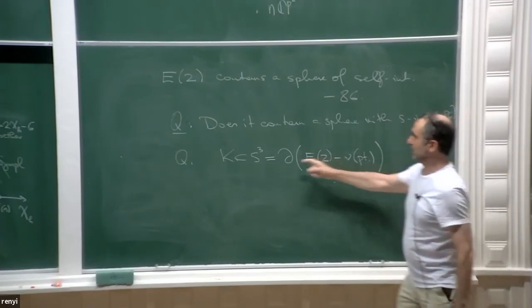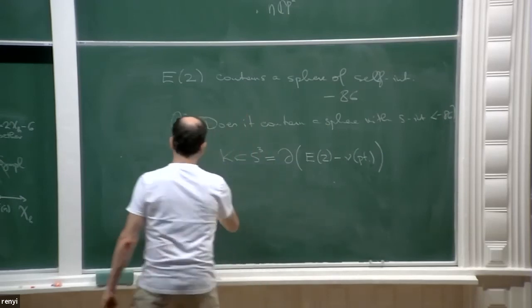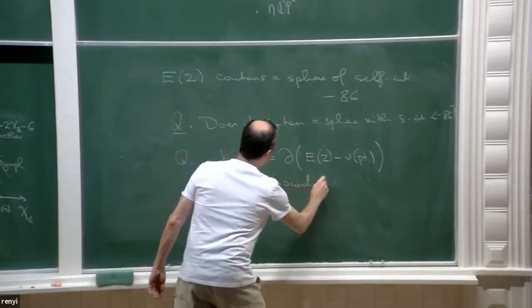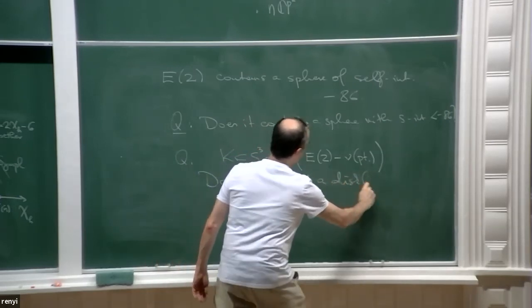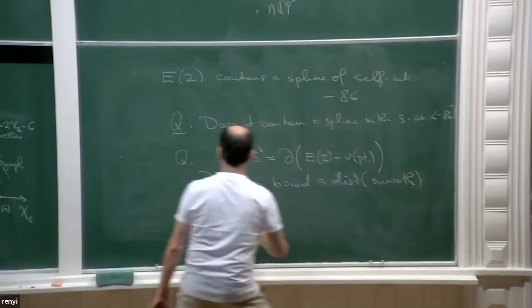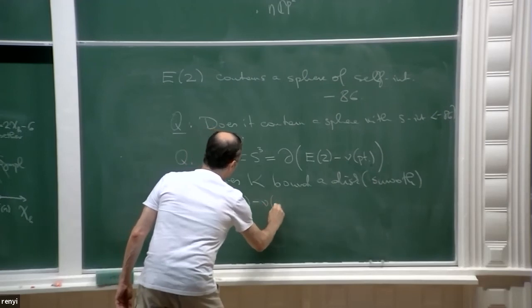The boundary is S3, and you have a knot. Does K bound a disk smoothly embedded in the K3 surface minus the neighborhood of the point?